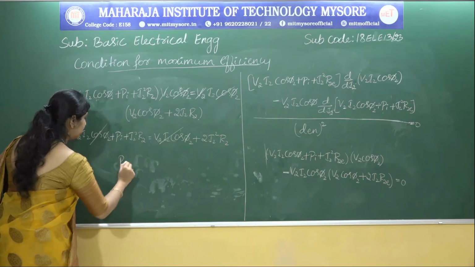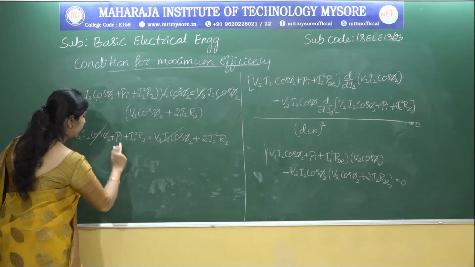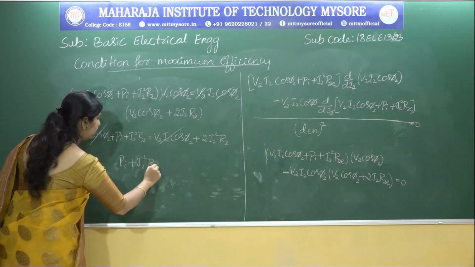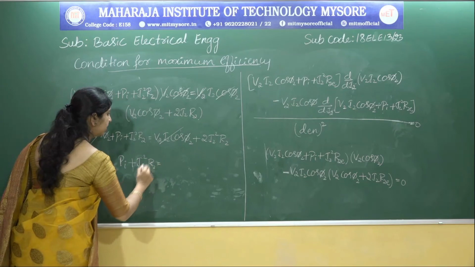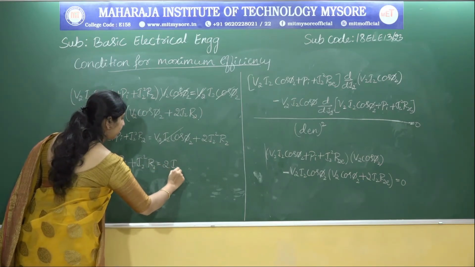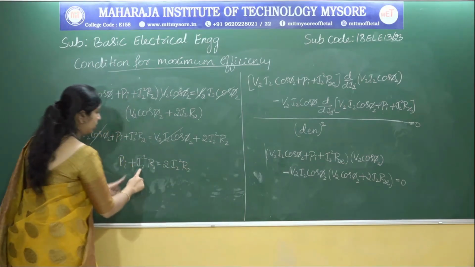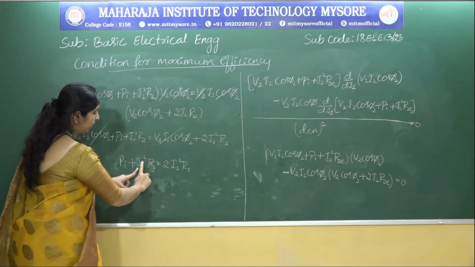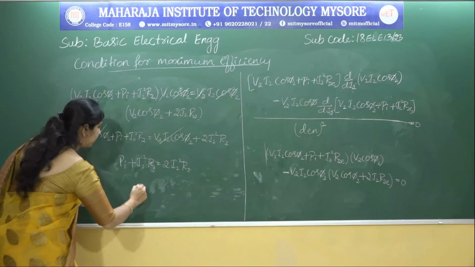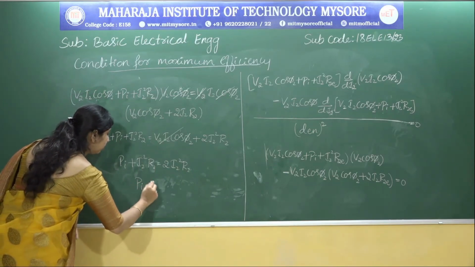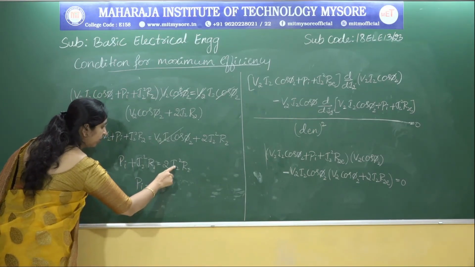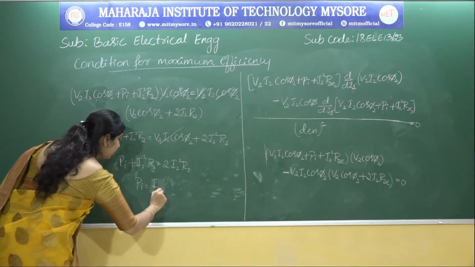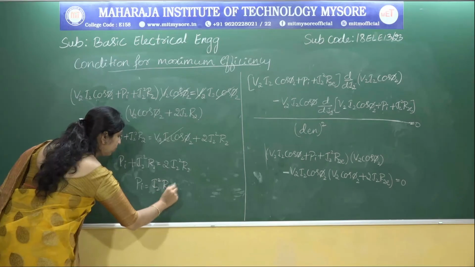We get Pi plus I2 square into R2 is equal to 2 into I2 square into R2. Take this I2 square into R2 to the right hand side. So we get Pi is equal to 2 into I2 square into R2 minus I2 square into R2, we get only I2 square into R2.